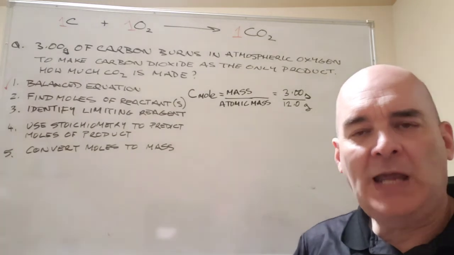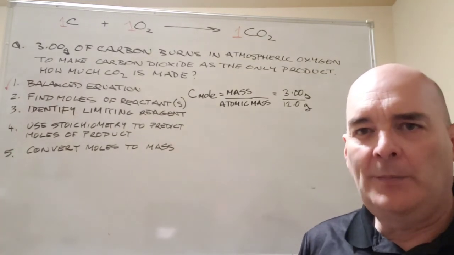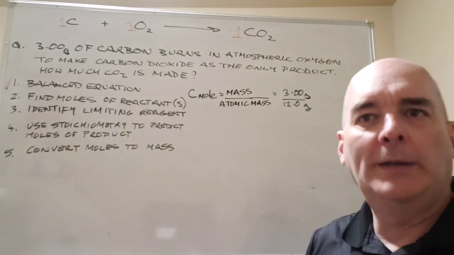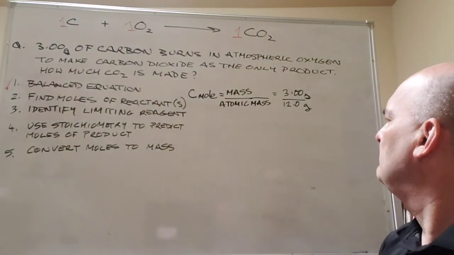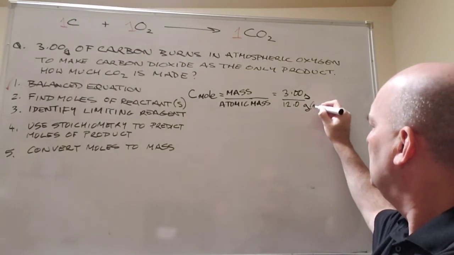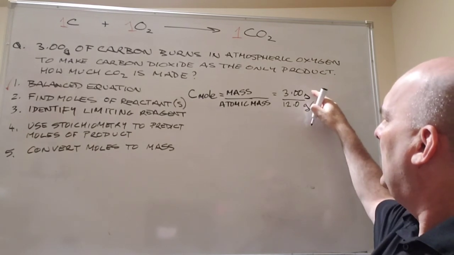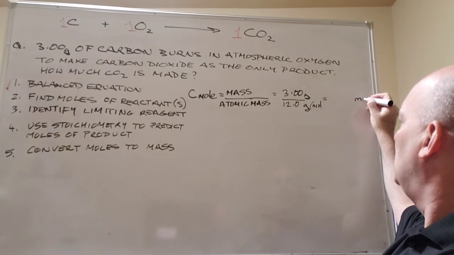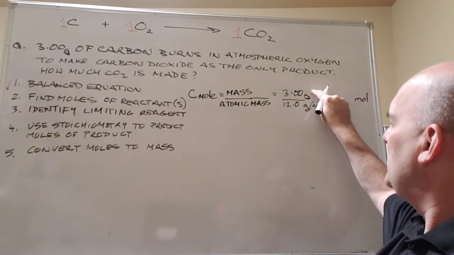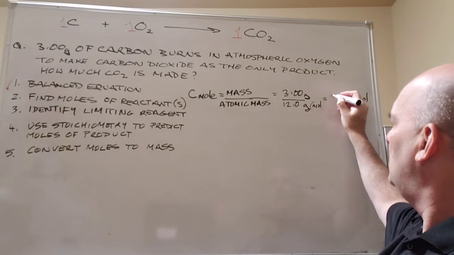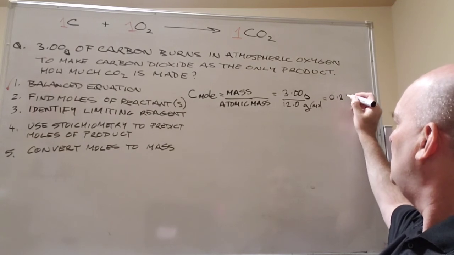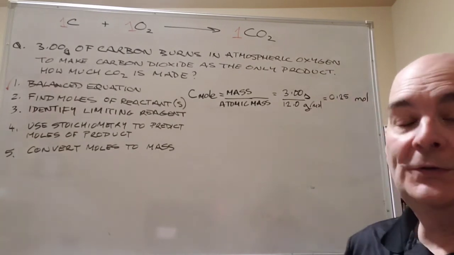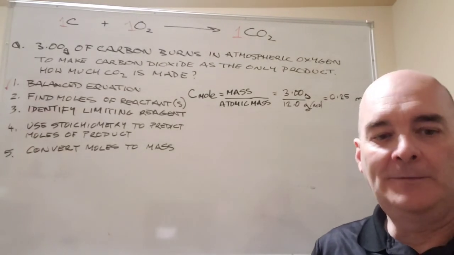Remember from the periodic table, the atomic mass of carbon was 12.011 grams per mole. Okay, the atomic mass is in grams per mole, and dividing grams by grams per mole gives me an answer that is in moles, and 3 divided by 12 is 0.25. I have a quarter of a mole of carbon.